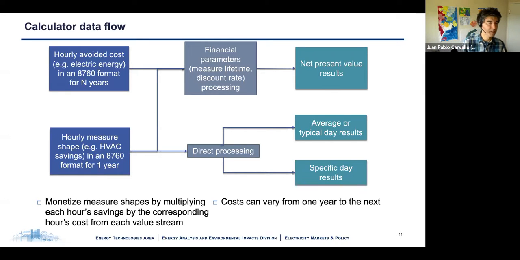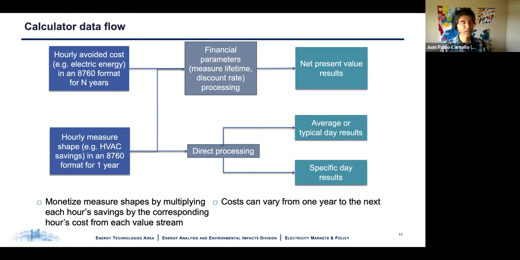This means that we're doing away with any degradation on efficiency, but we're simplifying the calculator and making it portable. In some ways, having all this hourly data does create a bulk amount of data that goes into the calculator, and we had to make some trade-offs between the details of the data and the granularity versus making it portable and tractable.